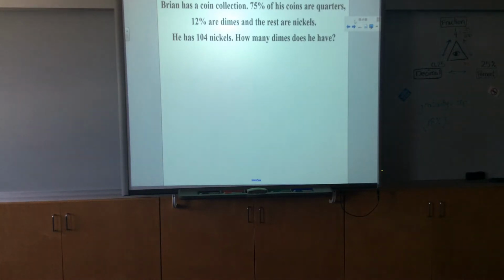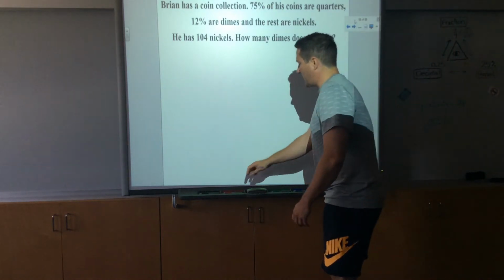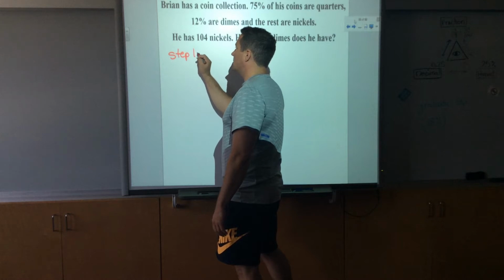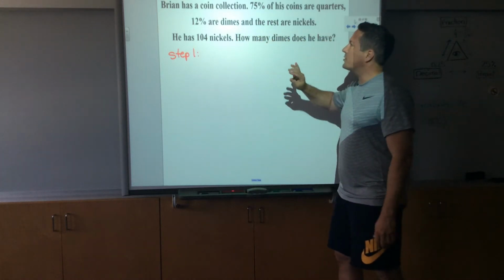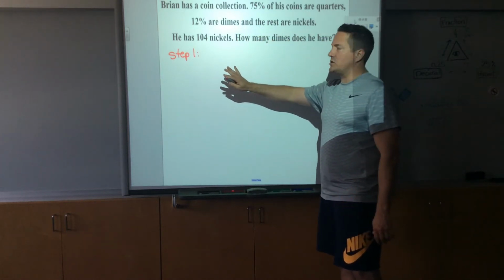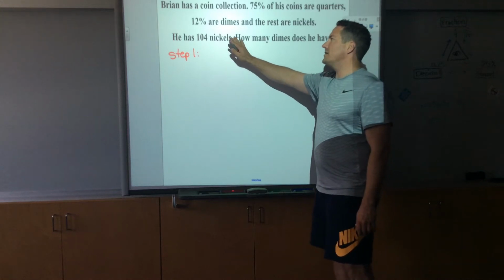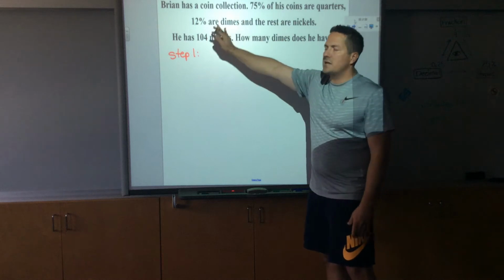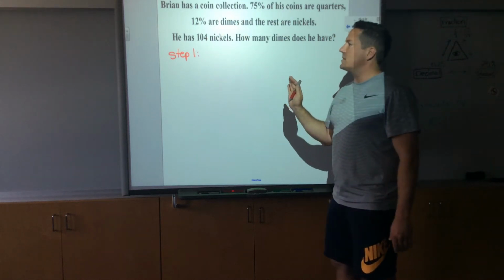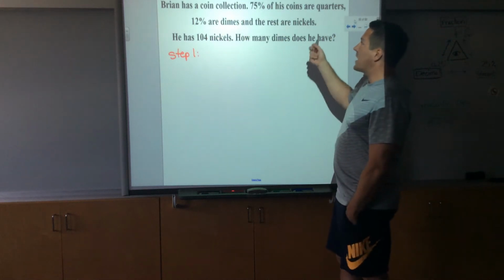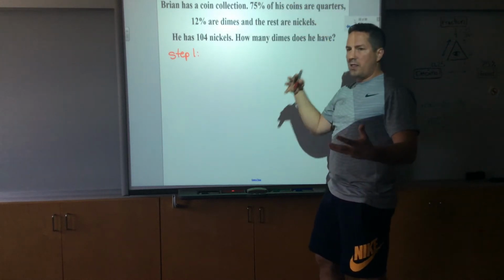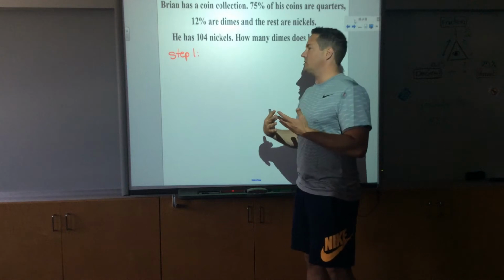All right, so we're going to go ahead and focus on our first step. Step one is to figure out what percent of his collection are nickels. I already know he has 104 physical nickels, but I noticed that in the percentages, the percent of nickels is missing. So to do that, I have to know that the quarters and the dimes and the nickels all add up to 100% of his collection.